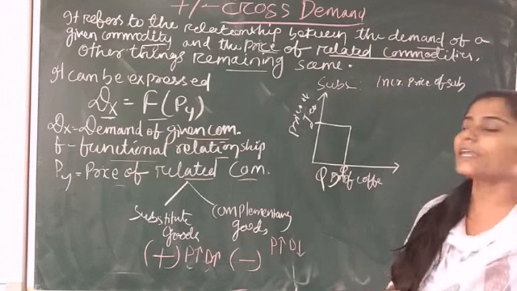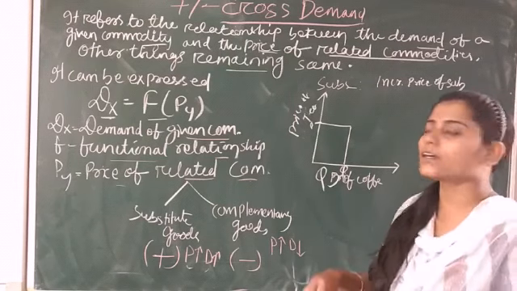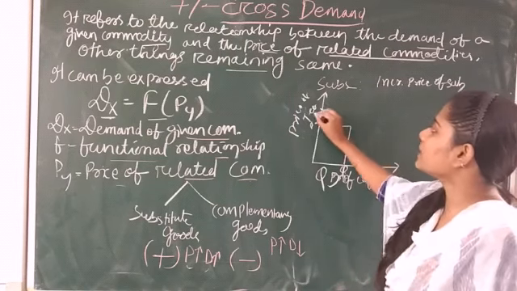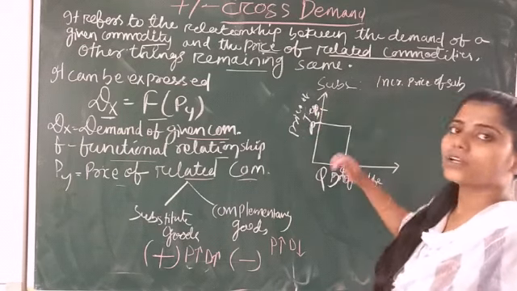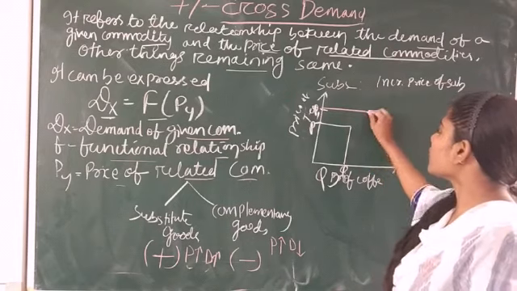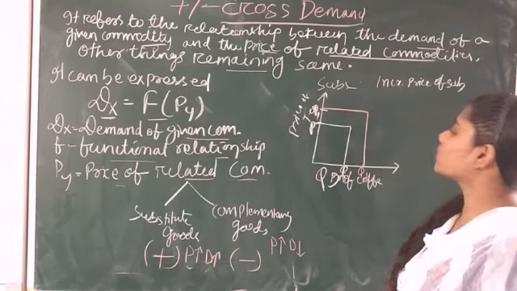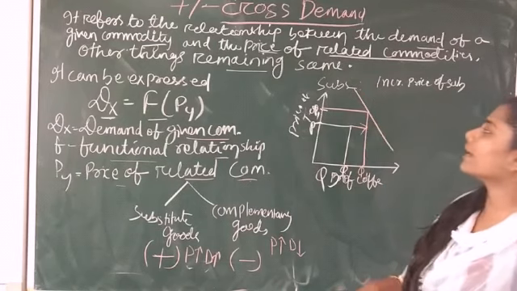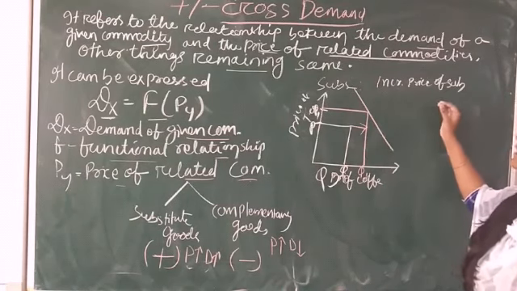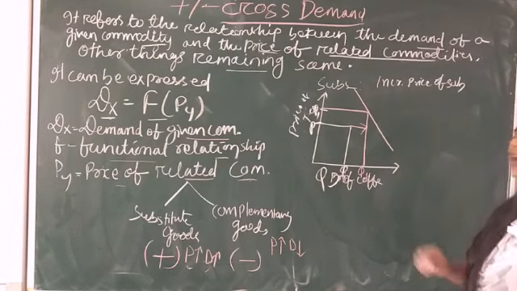What is the effect on the demand curve? If the price goes from P to P1, then demand for coffee will also increase. So this is from Q to Q1. So the demand curve is like that. There is an increase in demand, which means if the price increases, then demand of the coffee will increase.